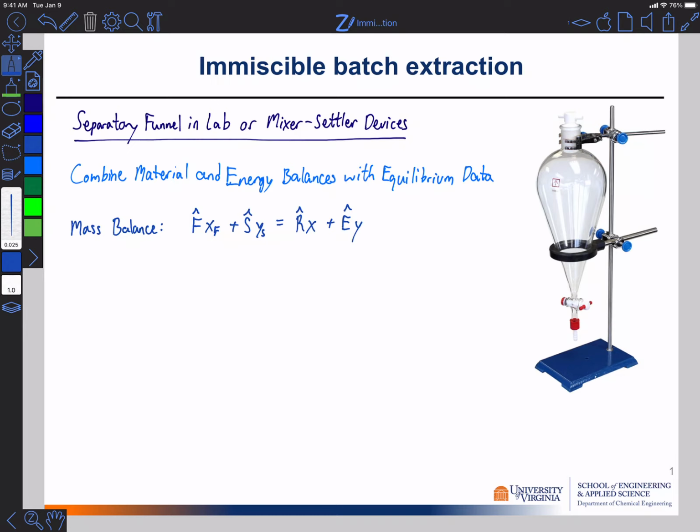And generally speaking, what we're going to do here is do this mass balance on the solute itself. And so, for example, the S times Y term may cancel out in this particular case.